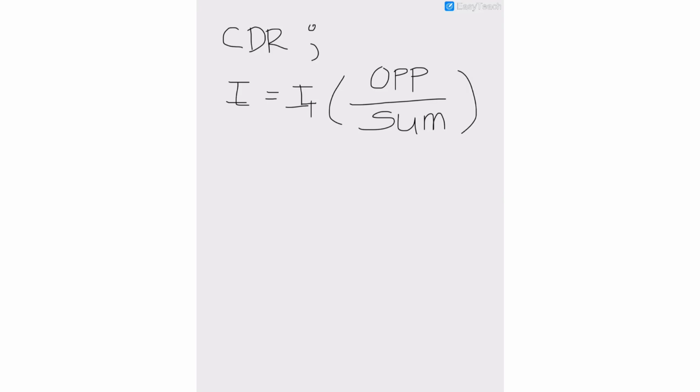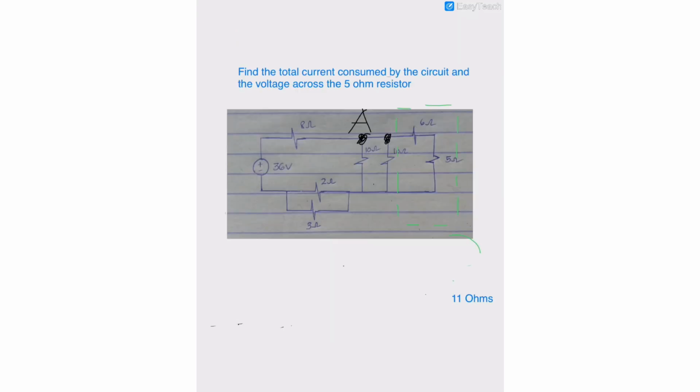What I mean is the opposite resistance of that branch over the sum of the resistances. So how can we apply that? It's very simple. We are looking at the current at this branch, and the opposite branch would be this one.